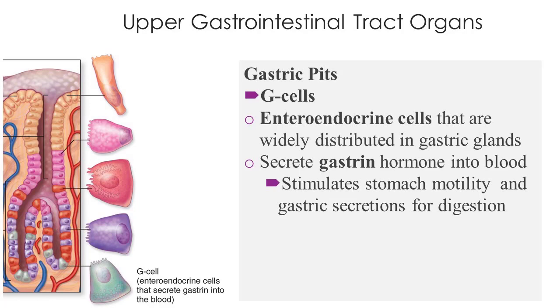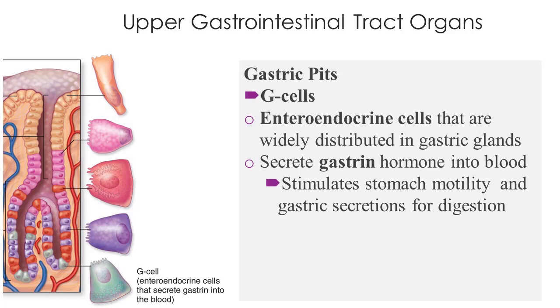Entero, or enteritis, is usually an infection of what? Yeah, your gastrointestinal tract. So, enteric nervous system, entero refers to your digestive tract. And so these are individualized endocrine cells in the stomach that produce hormones.